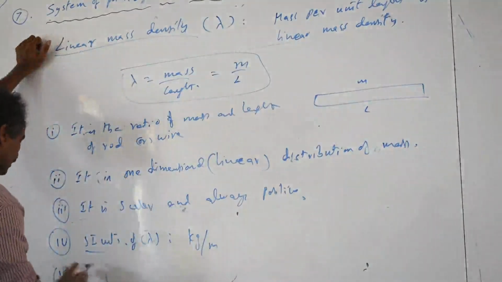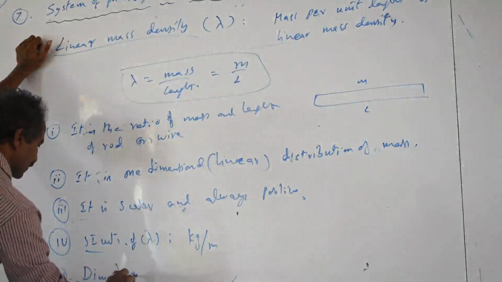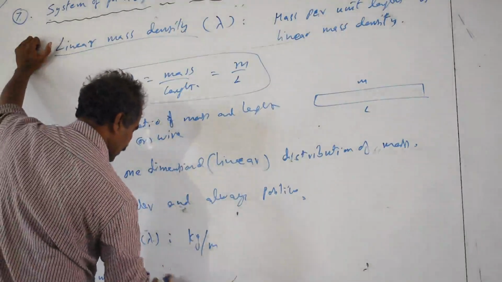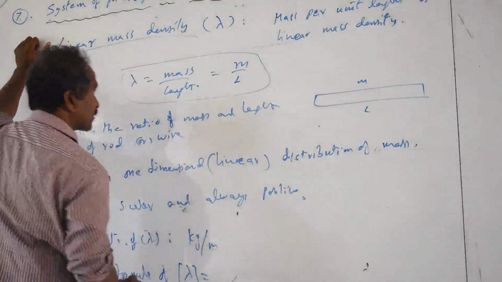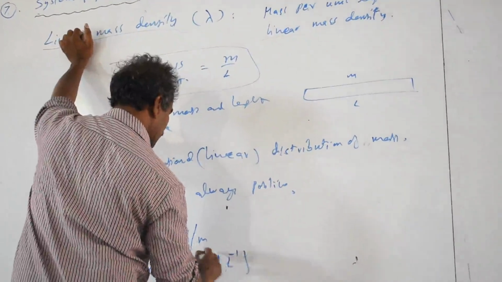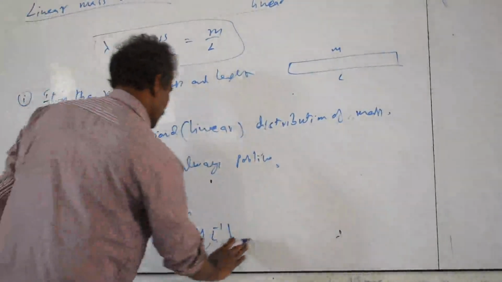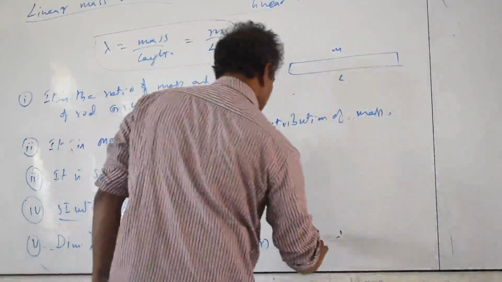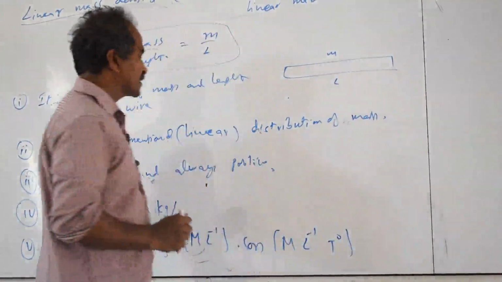Dimensional formula: mass symbol is M, length L to the power minus 1. Time is not there, so T to the power 0 we can write. In mass length time, M L T, time is not there, so power 0.